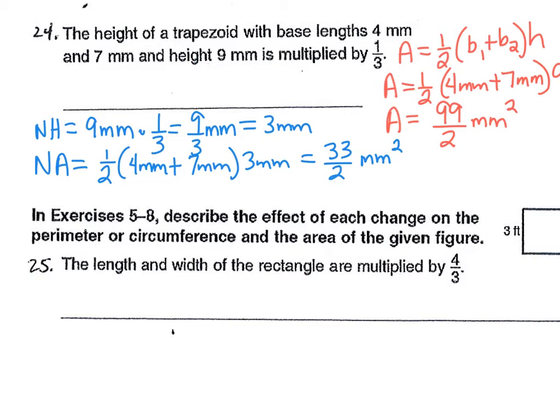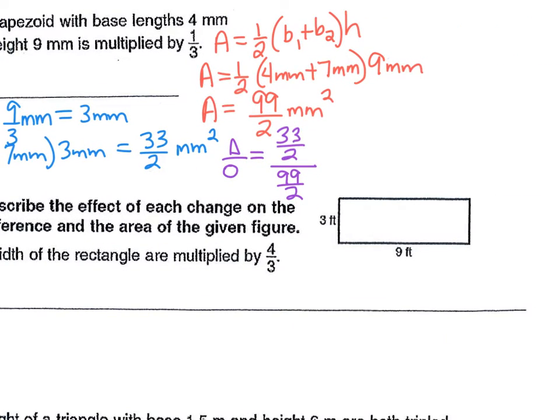That is right, okay? So now, if you want to find out what is happening to the new area compared to the original area, so change over the original. So the change was 33/2 divided by the original, which is 99/2.